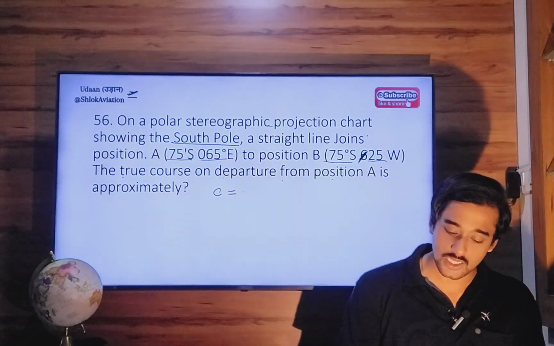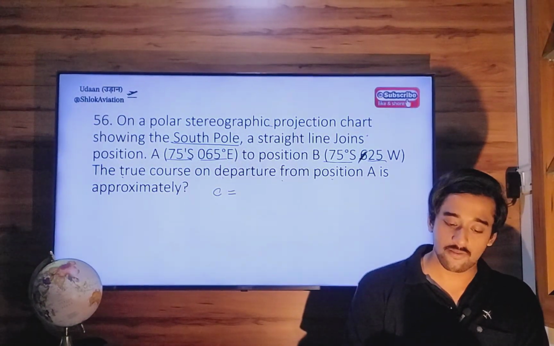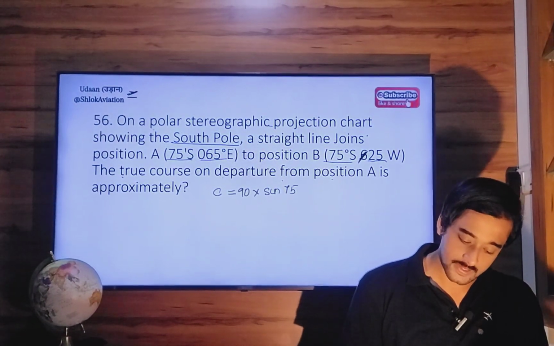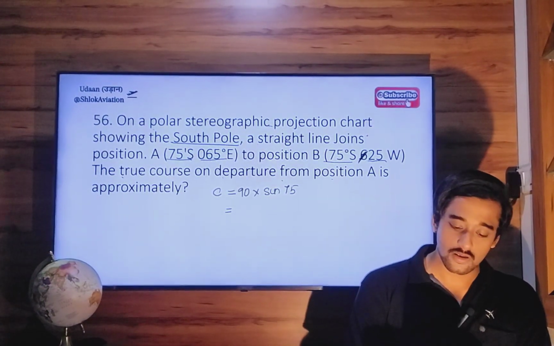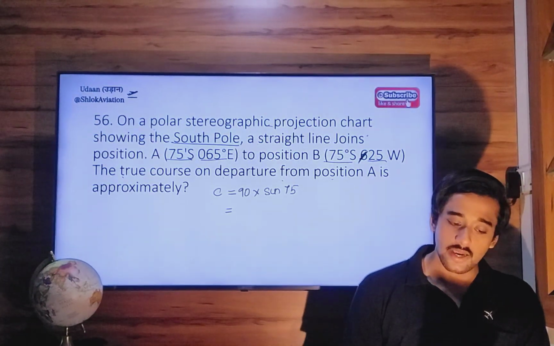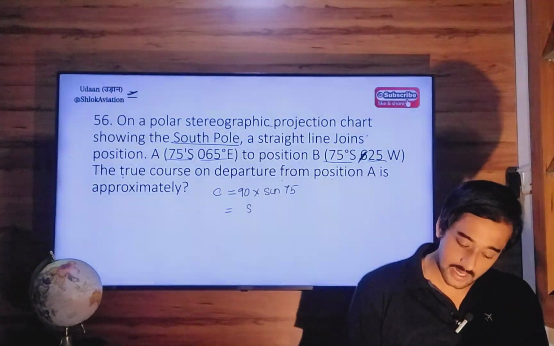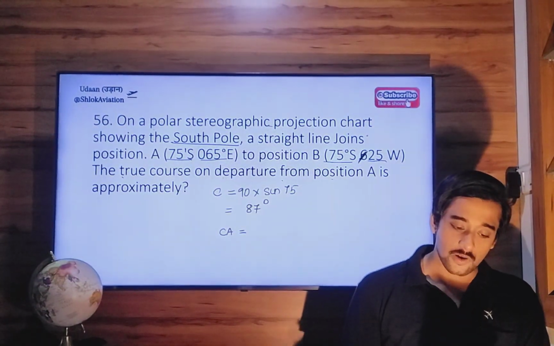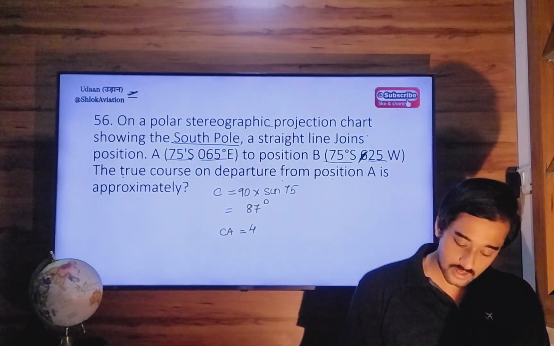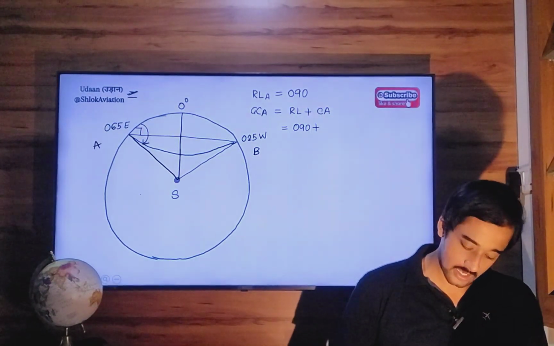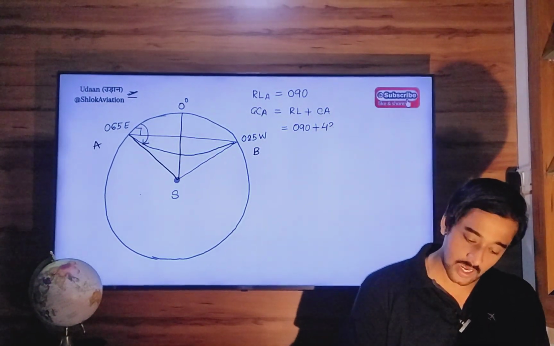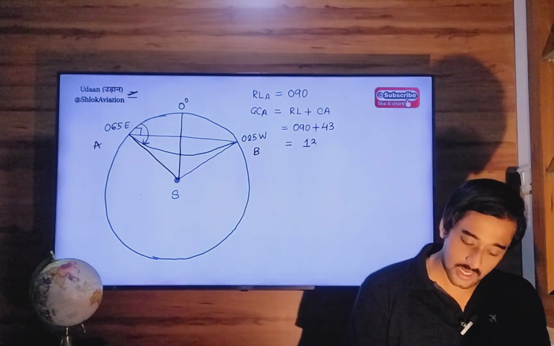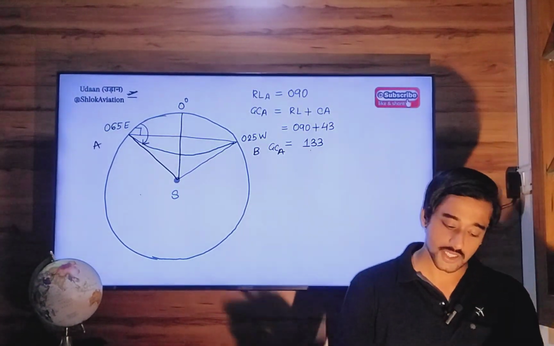Convergency is D long 65 east plus 25 west, 90 degrees into sine 75, 86 degrees 55 minutes or approximately 87 degrees. So convergency angle will be half of that, 43 degrees, 27 minutes, so 43. So 090 plus 43 is 133. So great circle track at A is 133.